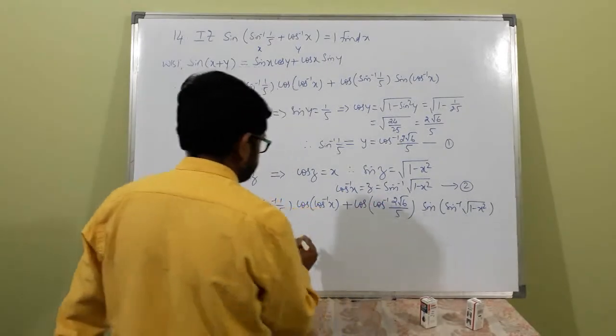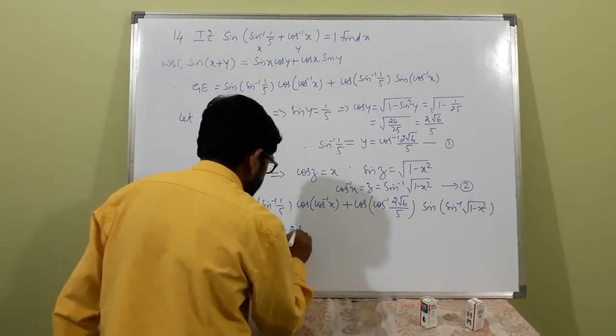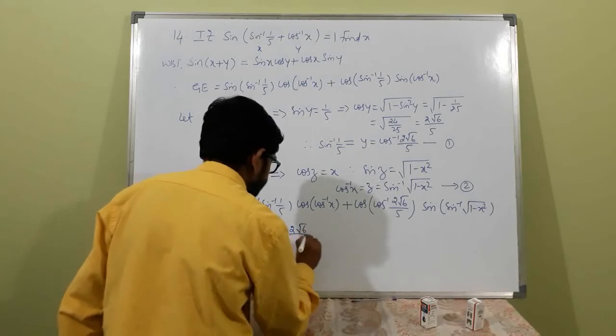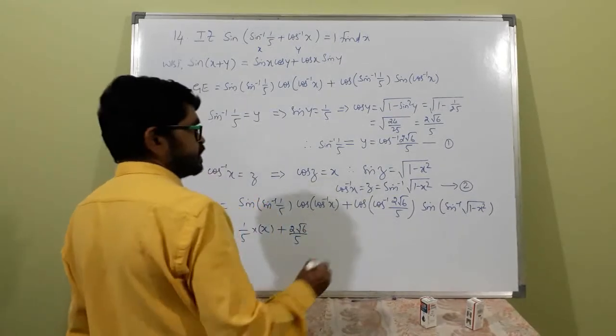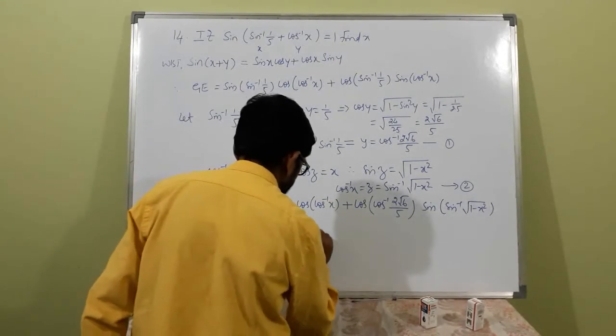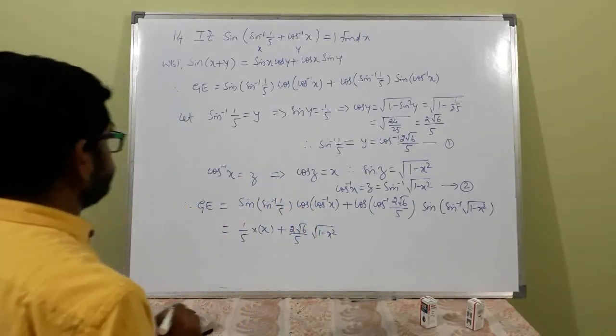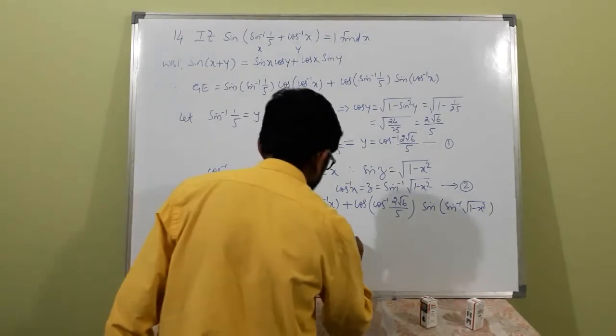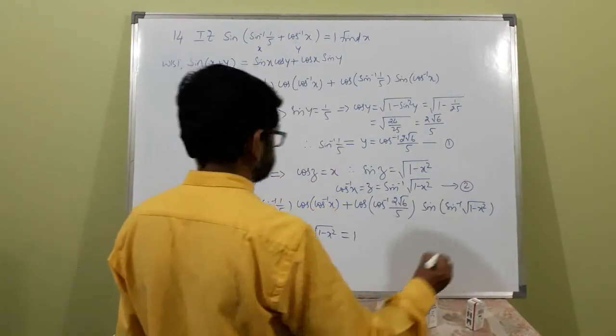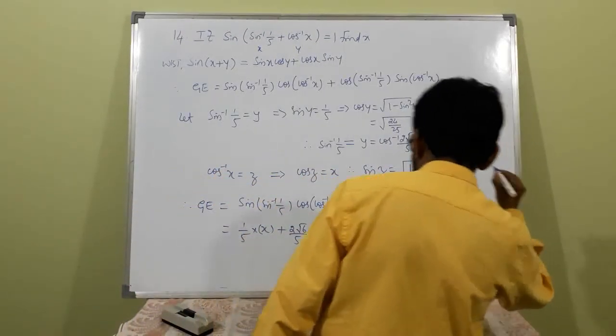Here cos gets cancelled, 2 root 6 by 5 into root of 1 minus x squared, that is equal to 1. That is equal to 1, that is given.